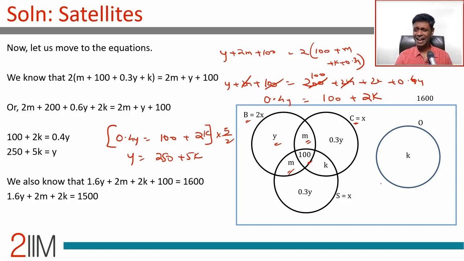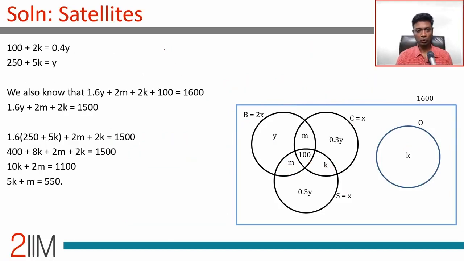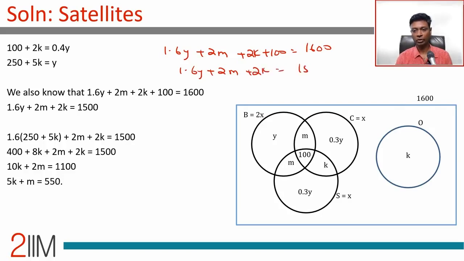The other equation, add everything together. That is Y plus 0.3Y plus 0.3Y plus 2M plus 2K, M and M, K and K, plus 100 equals 1600. And so we have 1.6Y plus 2M plus 2K plus 100 is 1600. 1.6Y plus 2M plus 2K is 1500.